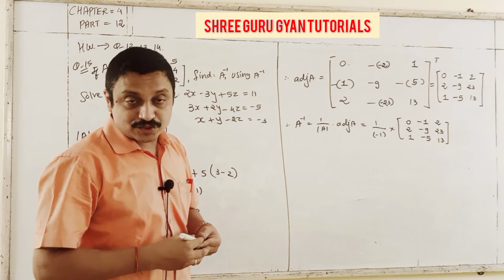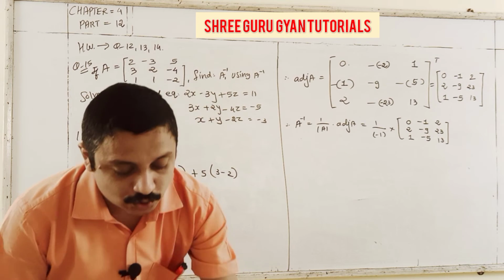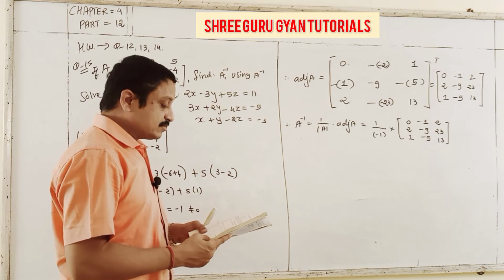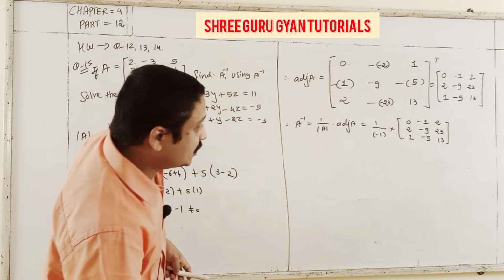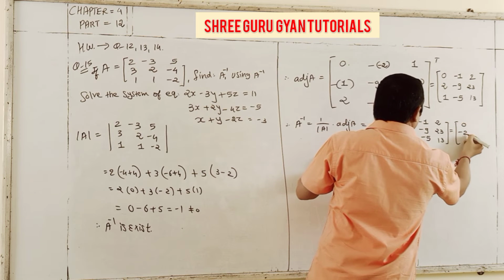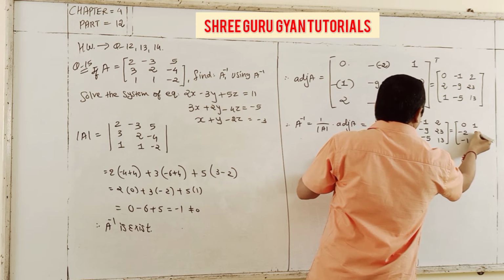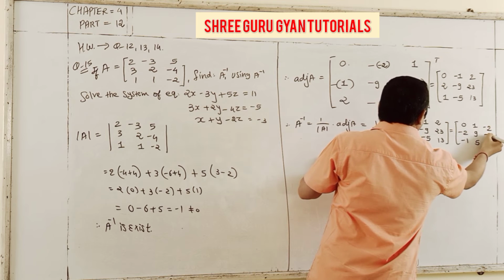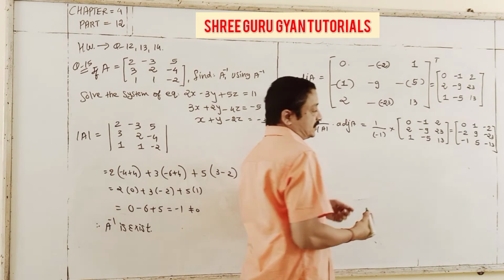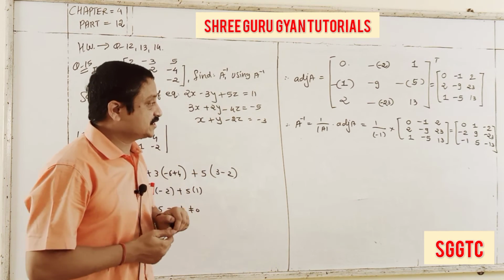That gives the values of A inverse. Let me check my answers: 0, 1, minus 2, and minus 2, 9, minus 23, just multiplying minus inside. So I multiply by minus: 0, minus 2, minus 1, 1, 9, 5, and minus 2, minus 23, minus 13.